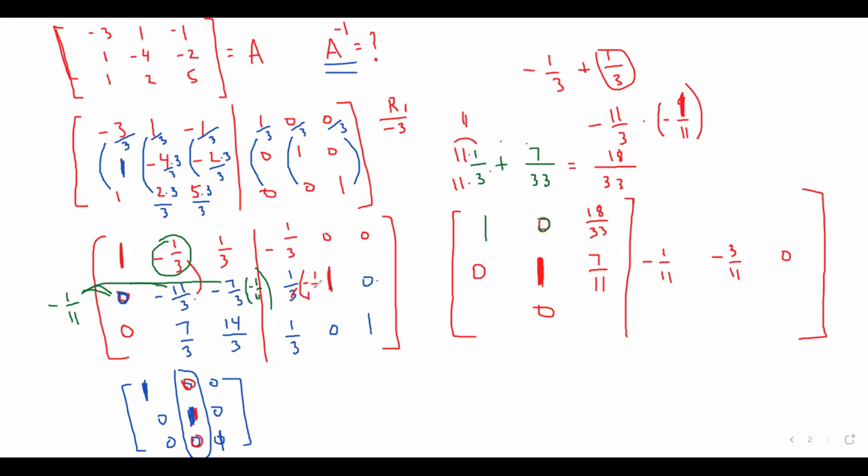So what's next? This number, right? 1/3, I times it with 1/11, and I need to add it with what's on the top here. So I continue on the right side, in other words. So what are we going to get in this position on the top? Well, it's probably better to write separately.